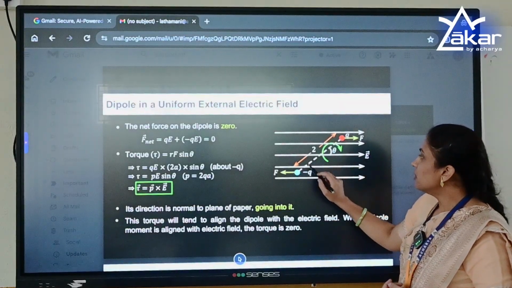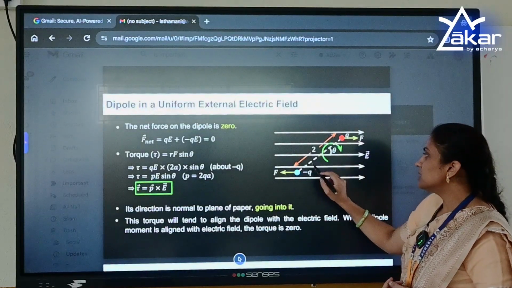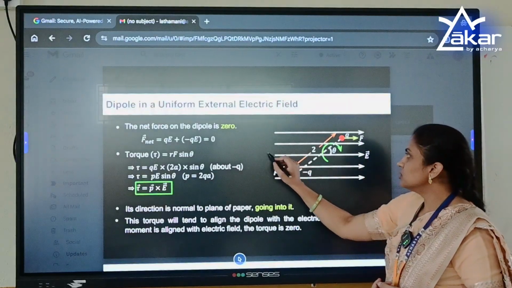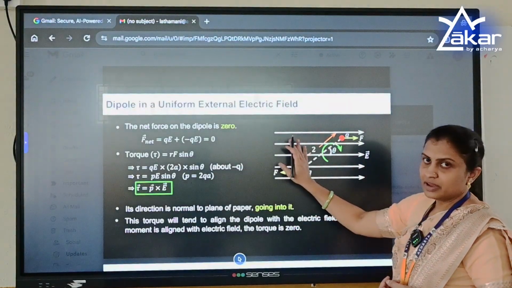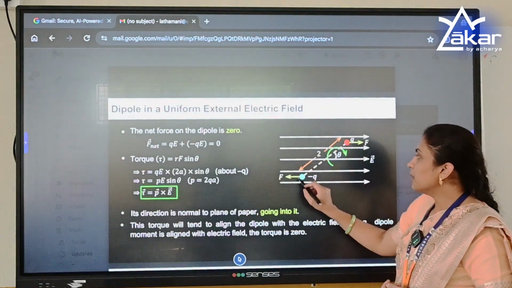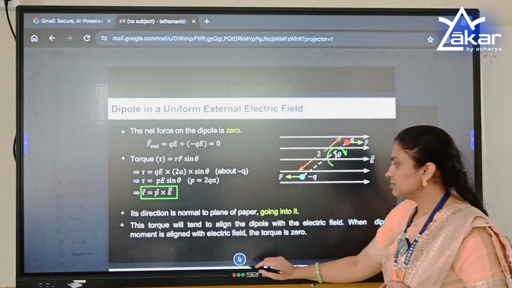So when you place the electric dipole, this is positive. We know that the electric field always goes from positive to negative, and the dipole is negative to positive.